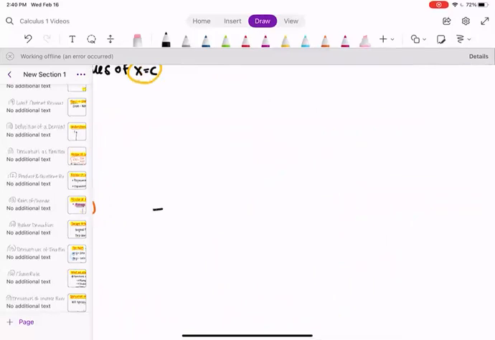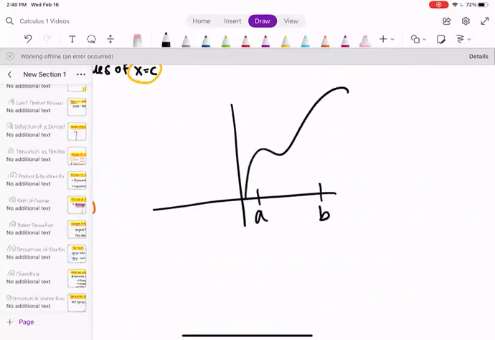So if I have x equals a and x equals b, right? And I have some random function, right? What I'm saying is if I take the slope between these 2 points, at some point between those two, there's going to be a c where the tangent line, maybe I should draw it a little bit more accurately, where the slope of the tangent line at that point is equal to the slope of the secant line connecting those outside points, right?